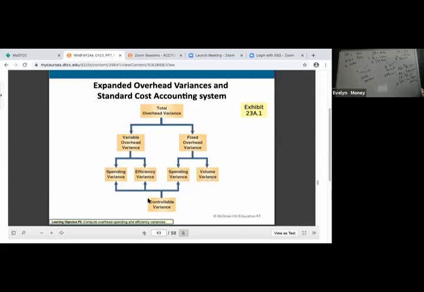So when it comes to controlling overhead costs, we need to really focus on all of the variable overhead variances and the fixed overhead spending variance. The volume variance we ignore. So we combine the two variable overhead variances and the fixed overhead spending variance to determine what's known as the controllable variance.